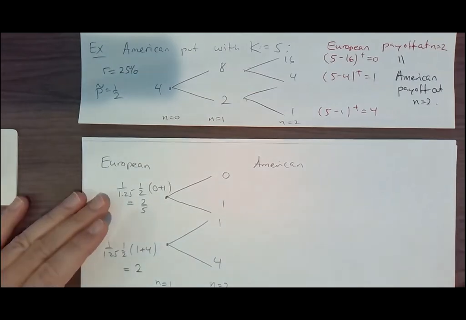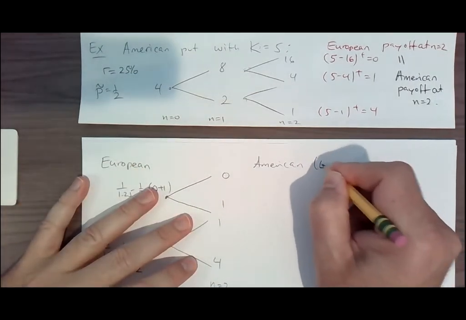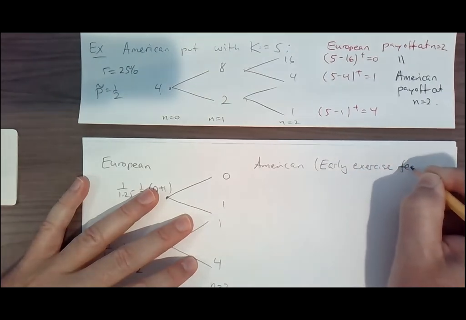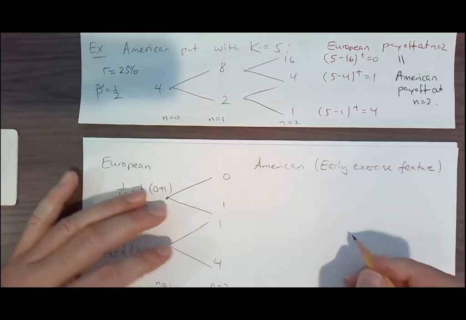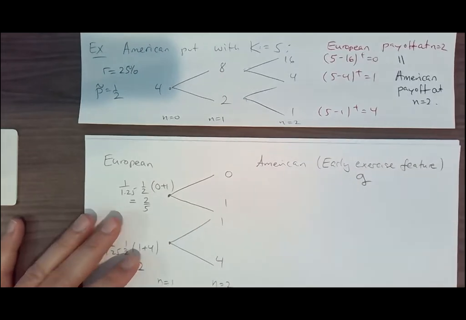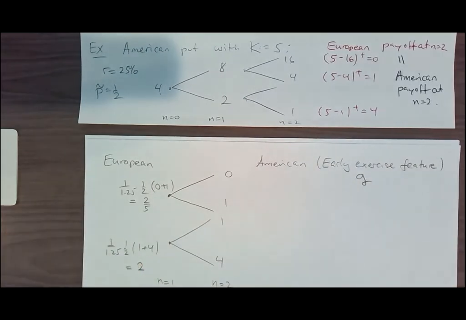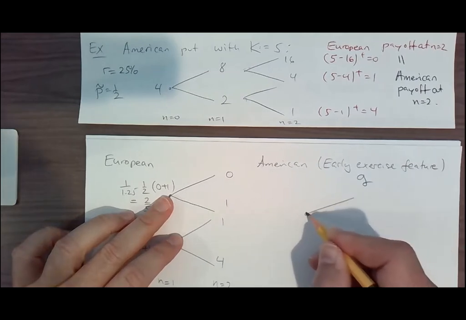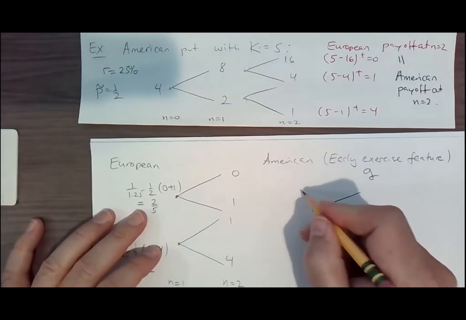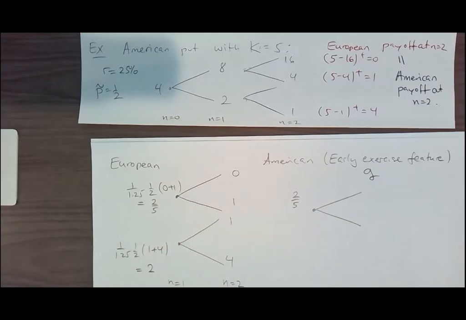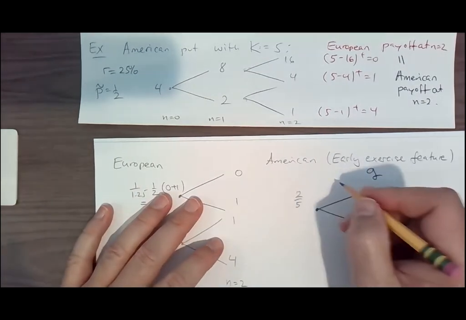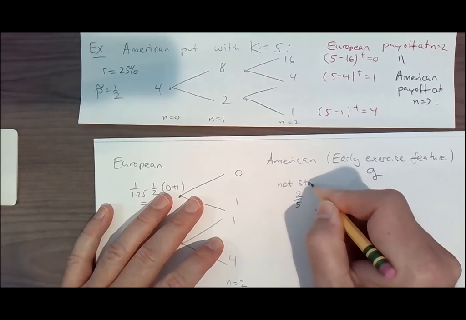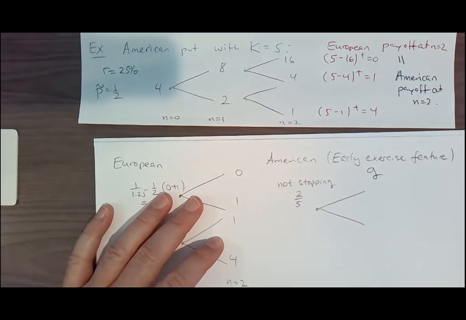Well, the American one has this early exercise feature. This is given by that function g. So when I look here at this point, on one hand, I have 2 over 5, that is 0.4. This is by not exercising, by not stopping. You get 0.4, right?